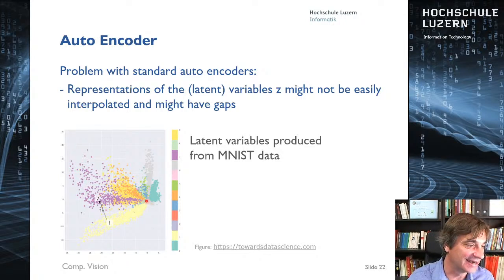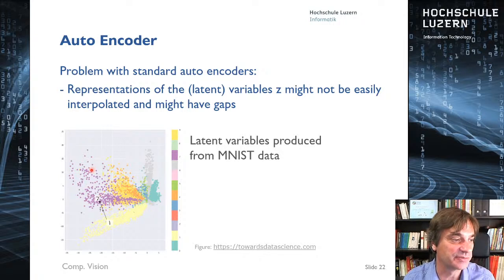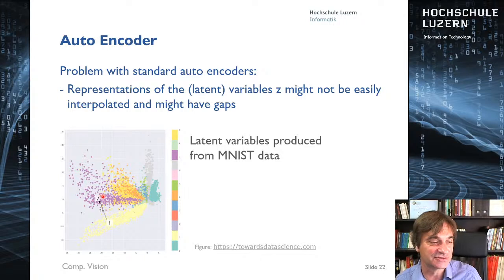And here is the distribution of the different classes in that latent space. Every one of those points is the encoded representation of some input image of, for example, the number 7. If you take some point here where you have a lot of 7s and decode it, you will probably get something that looks like a 7.